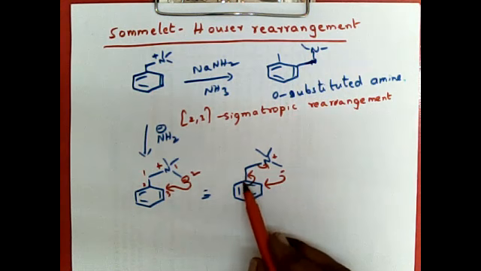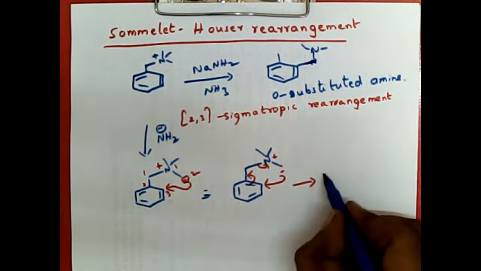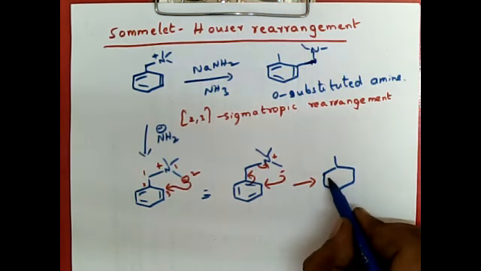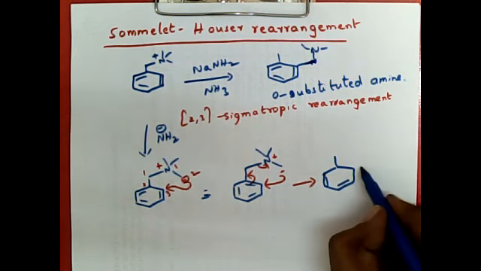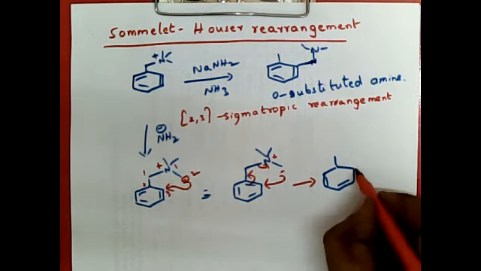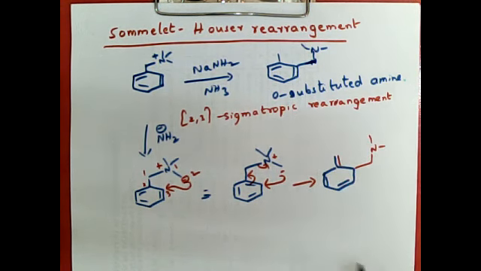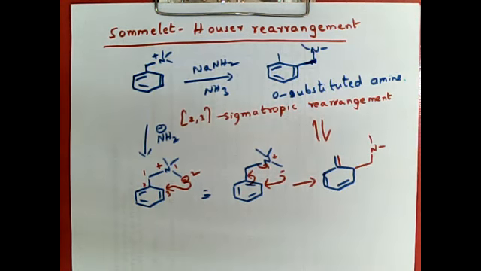Now this double bond will undergo a rearrangement, again tautomerization. This is the new double bond, so it will undergo tautomerization to generate this product. So this is what is called Sommelet-Hauser rearrangement.